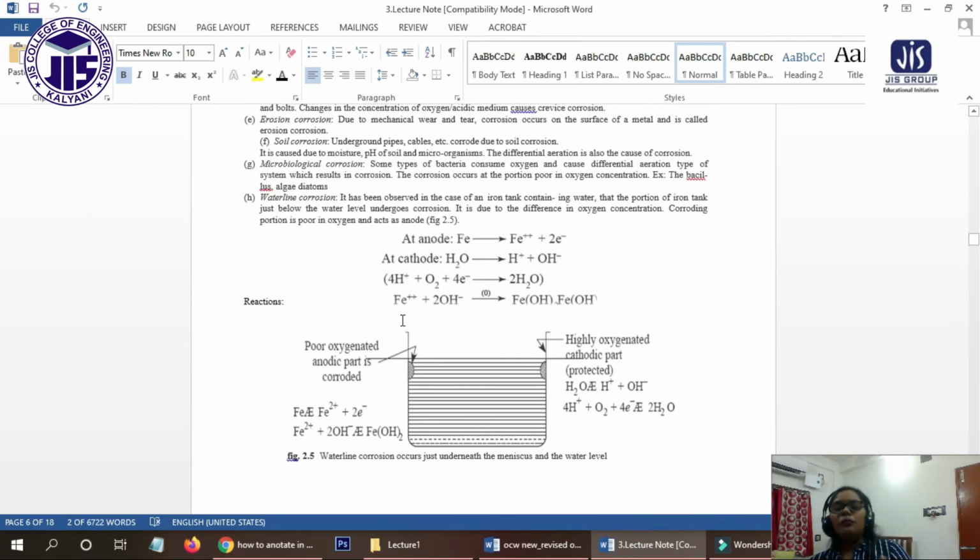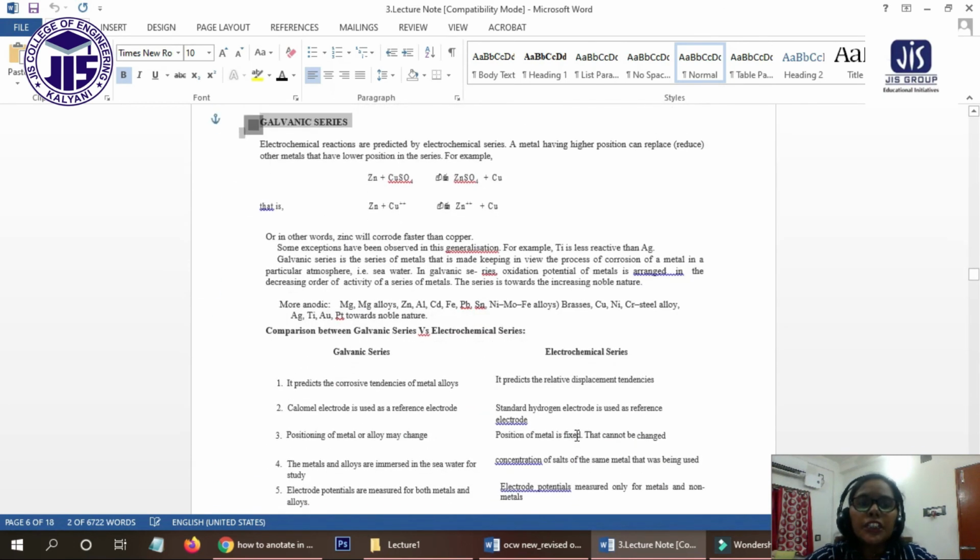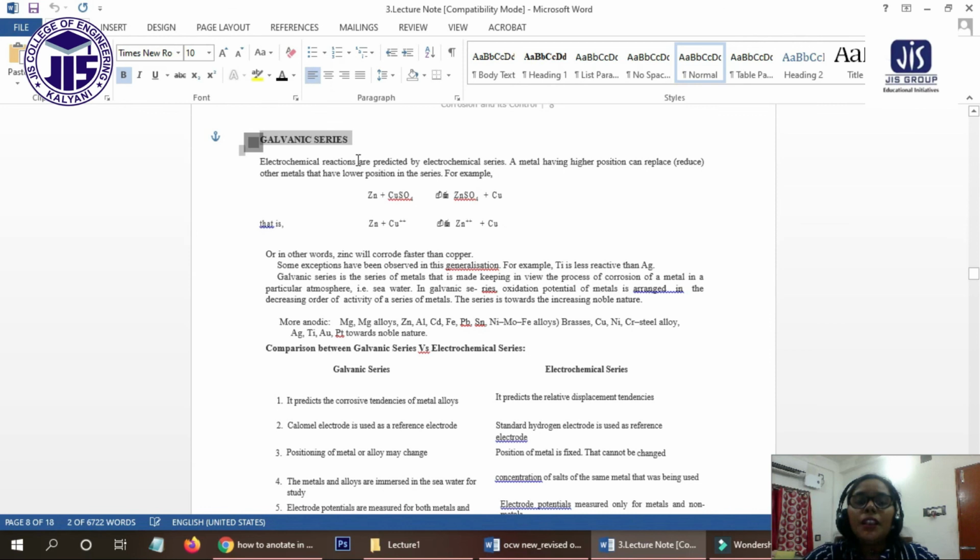We also have other types of corrosion, but they are not in your syllabus, that is why I am skipping that portion. Next we discussed the galvanic series.